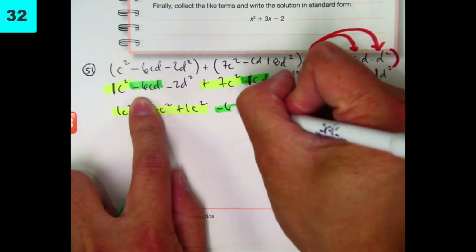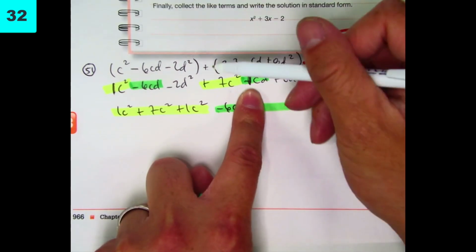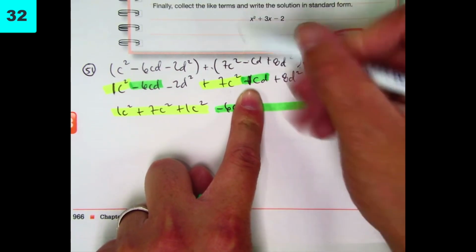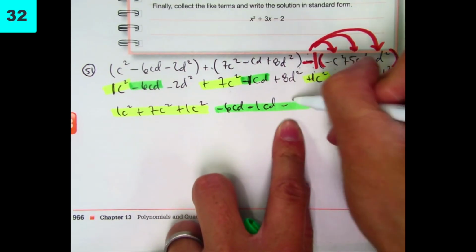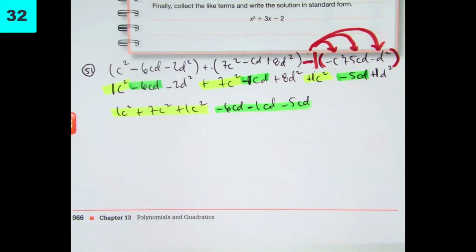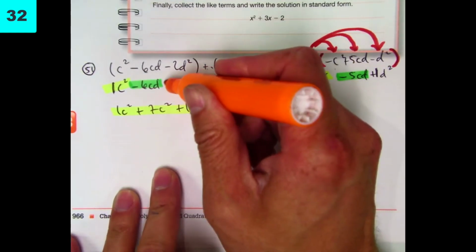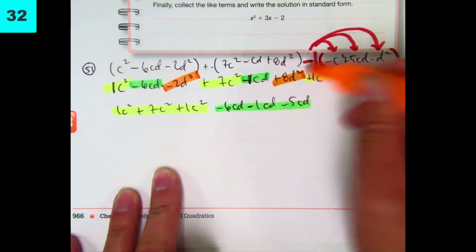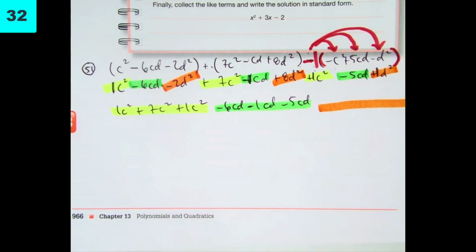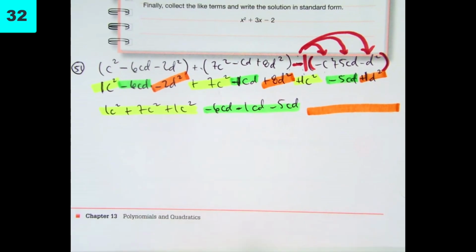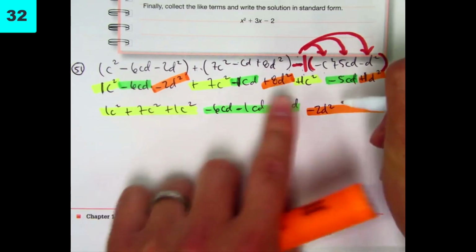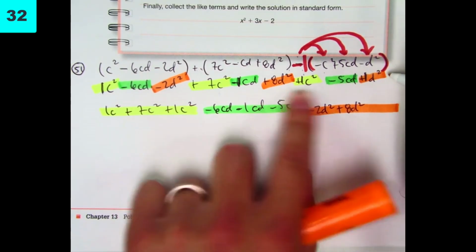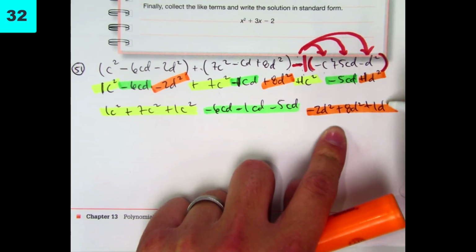So -6cd. This was a -1cd and -5cd. Now I'm going to go through and get those that have d squared. Raise your hand if these highlighters help you. If they do, you can do that on your own. It's a good idea. Plus 8d squared plus 1d squared.